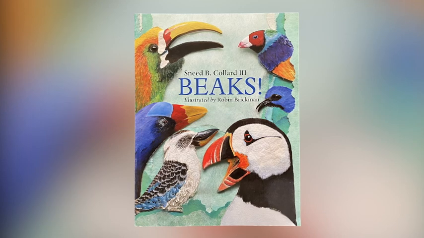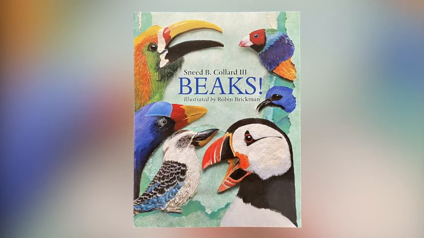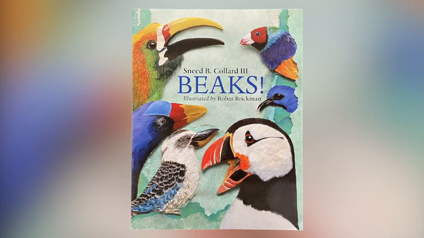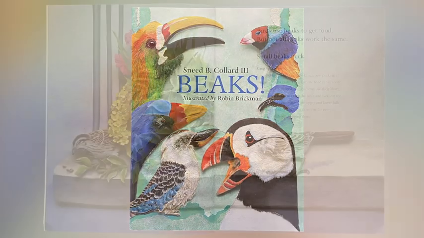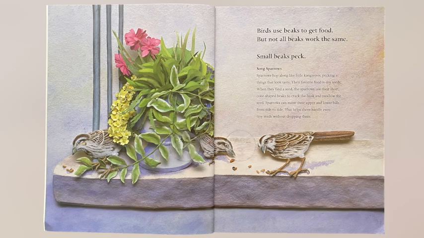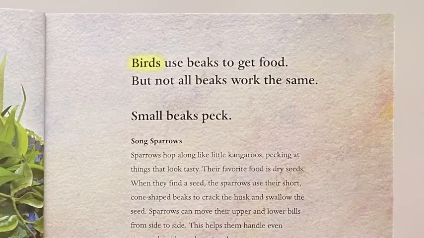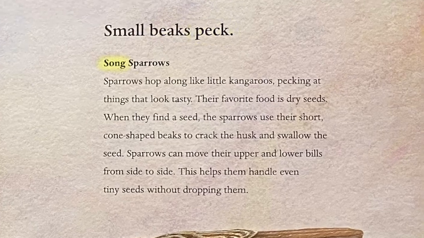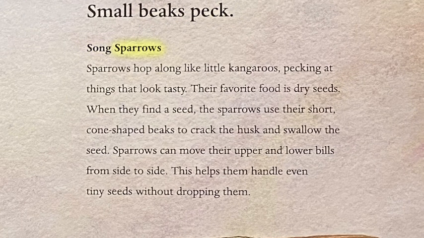Beaks by Sneed B. Collard III. Illustrated by Robin Brickman. Birds use beaks to get food, but not all beaks work the same. Small beaks peck. Song sparrows.